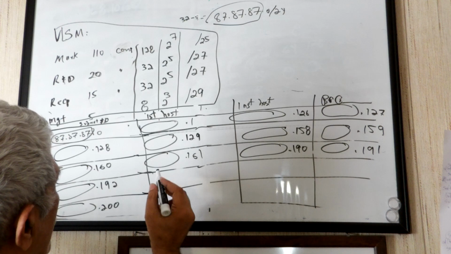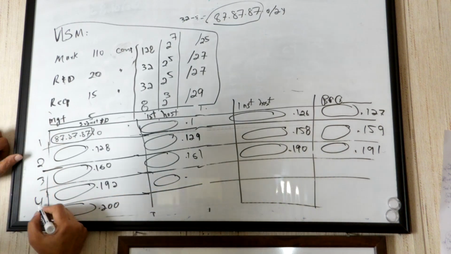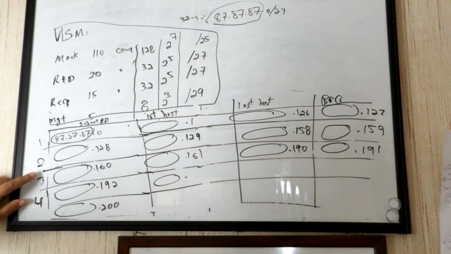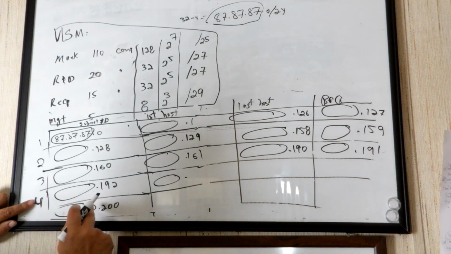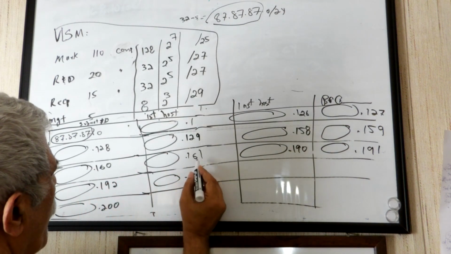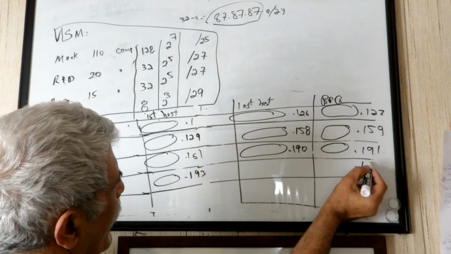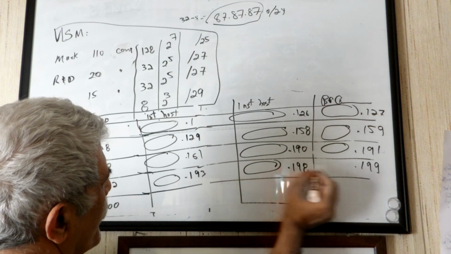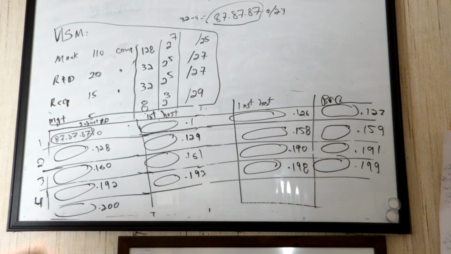They have 8 computers. So the first host for this subnet number 4, 1, 2, 3, 4. Okay, the last one, this is the last one. 193, and this is 0.199, 0.198. One before this is going to be the last host. So that's going to be this.